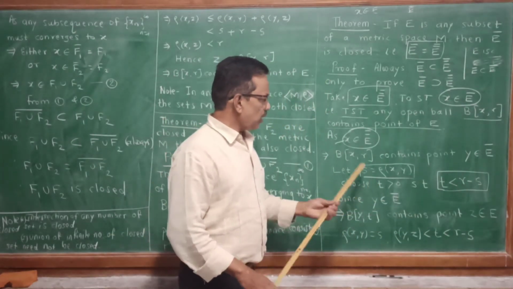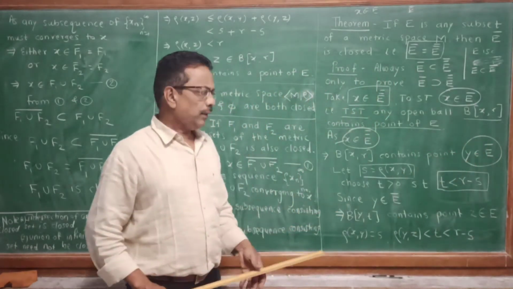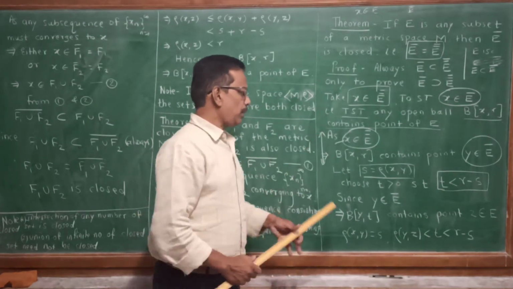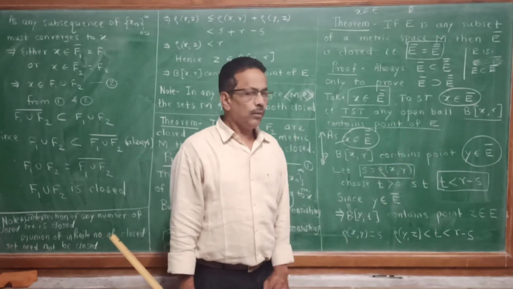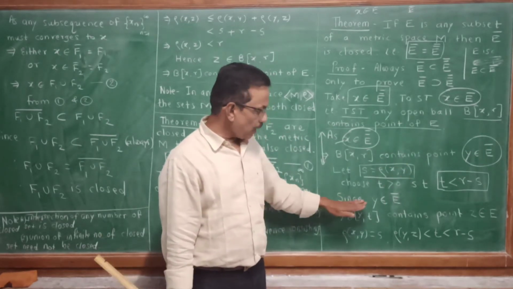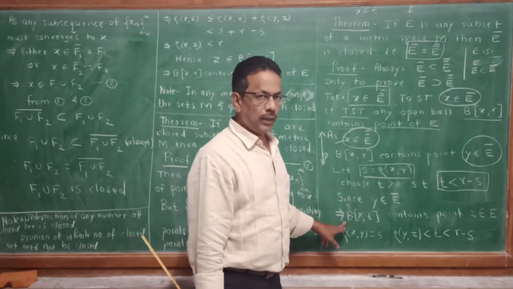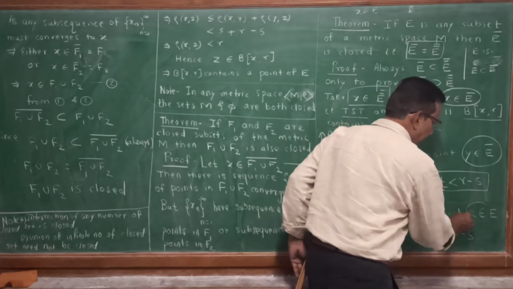Now here y belongs to E bar. Then what is the meaning of y belongs to E bar? B of y, t contains a point, say z, belongs to E.